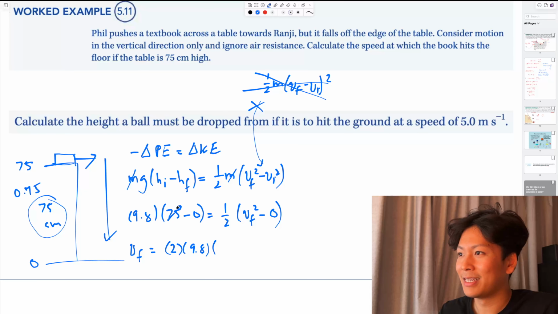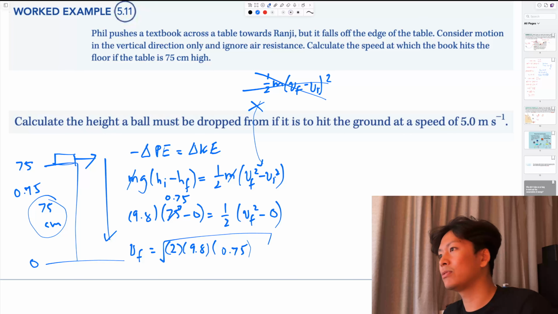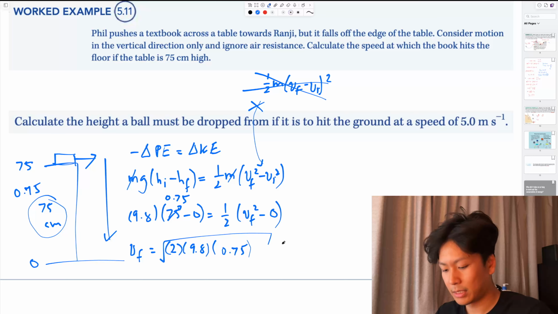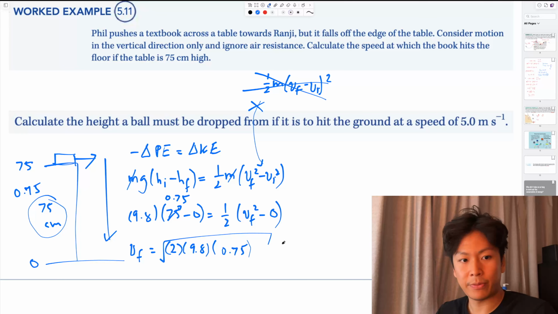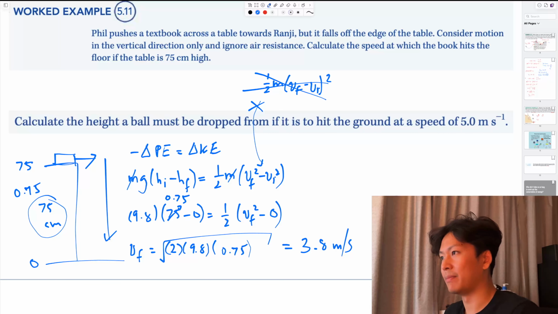So v_f is the square root of 2 times 9.8 times 0.75, which is 3.8 meters per second, or 3.834 and so on meters per second.